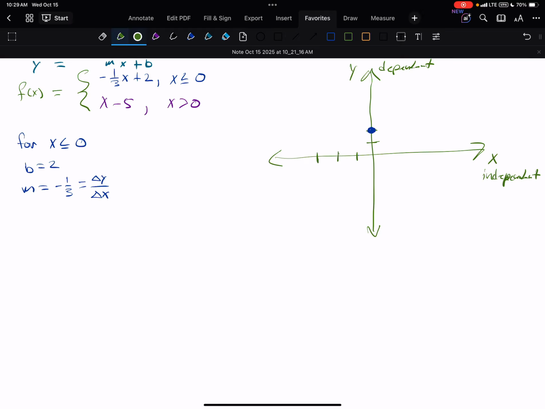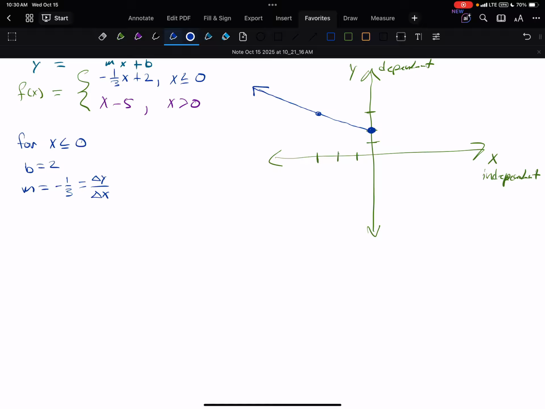And as we go back 3, we would go up 1, because now, let's go with the blue there. Now as we go right 3, we go down 1, and that gives me my slope of negative 1/3. And so I can play connect the dots here, and I have my sketch of that line.